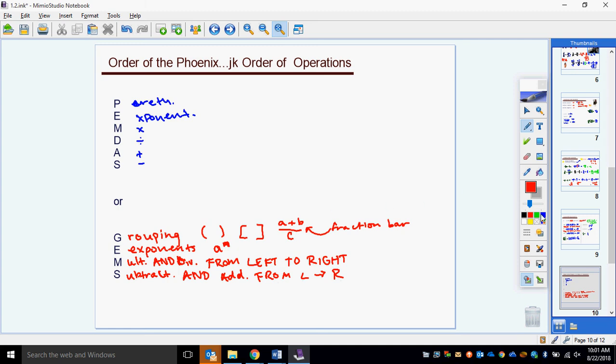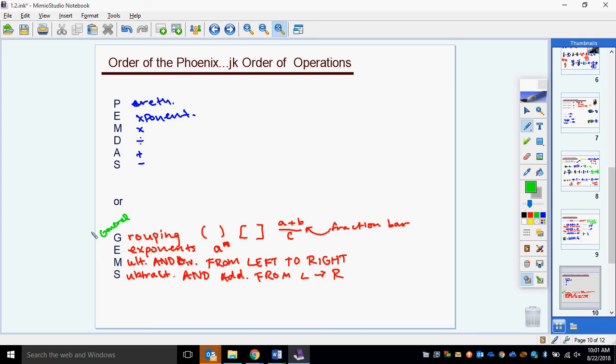Okay, so the way I like to think about this is in terms of the army. Now, I'm going to completely butcher this. I don't know if this is true, but let's say the highest ranking in the army is general. Anytime the general gives a command, you have to do his command first. No matter if the lower level people are telling you to do something, you have to do the general first.